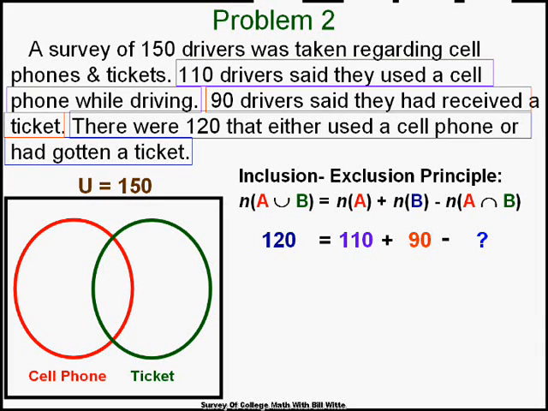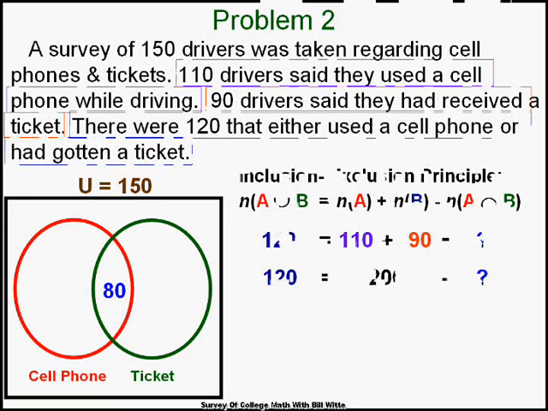But I can use this principle to find it. Well, let's see. 120 equals 110 plus 90, or 200, minus X. That's got to be 80, doesn't it? Wow. There you go. The inclusion-exclusion principle saved me.